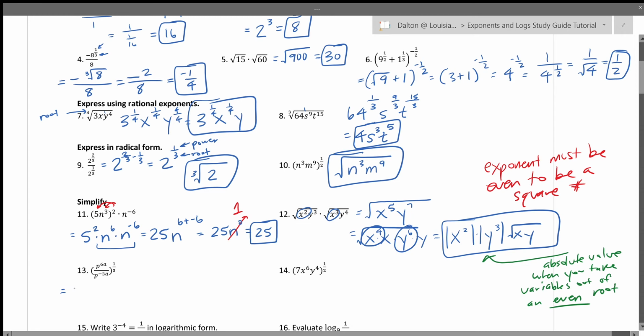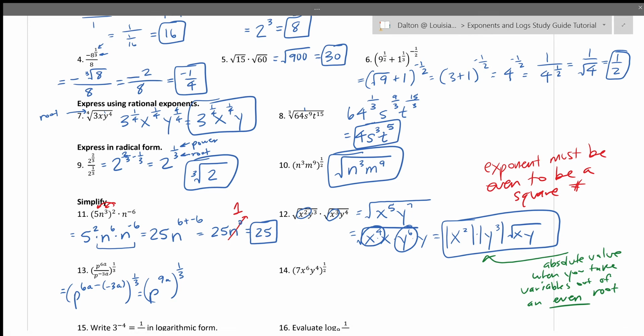So this is going to be equivalent to p to the 6a minus the bottom exponent, negative 3a, and you just have to be careful with that minus a negative. And then all of that's to the 1/3 power. So this will be p to the 6a minus negative 3a, which is plus a positive 9a, and all of that's to the 1/3 power.